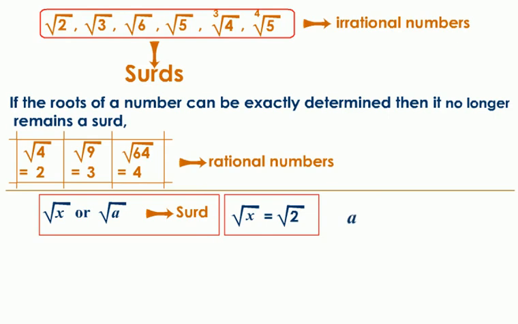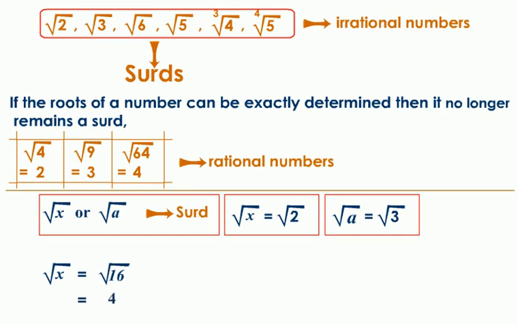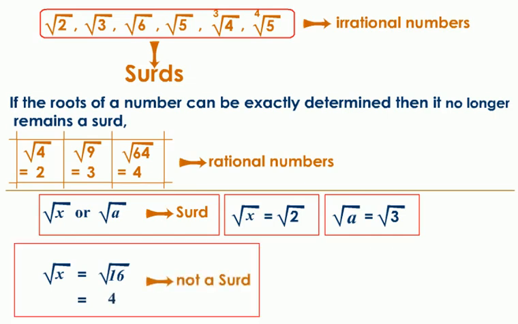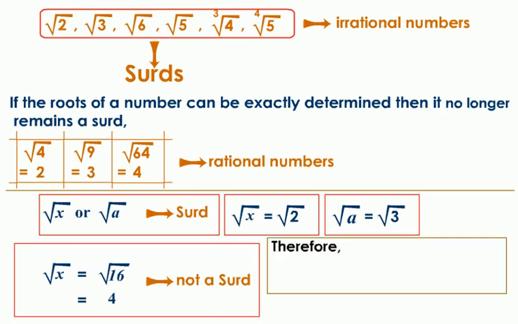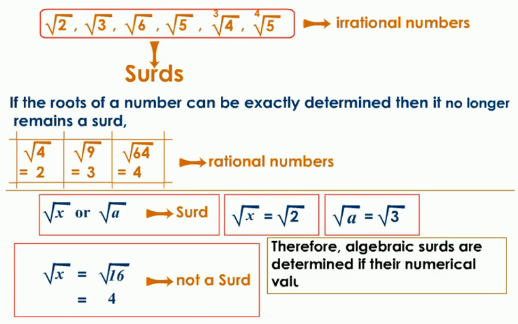Similarly, if a is 3, √a is written as √3, which is a surd. But when x is 16, √x equals √16, which gives us 4 as the product, which is not a surd. Therefore, algebraic surds are determined if their numerical values are known.